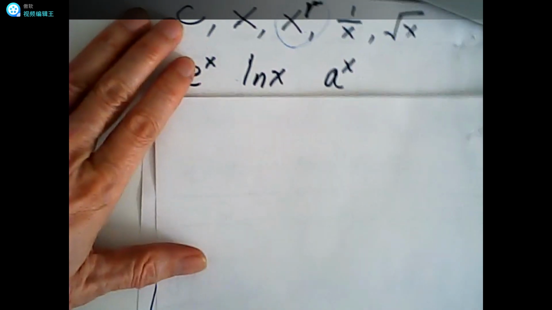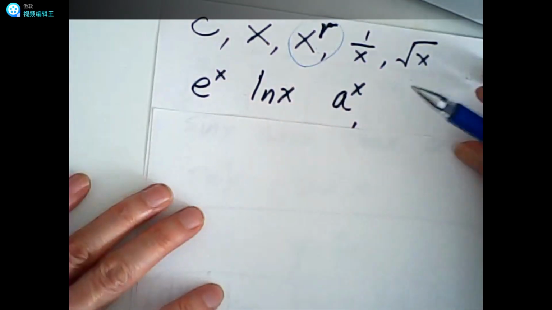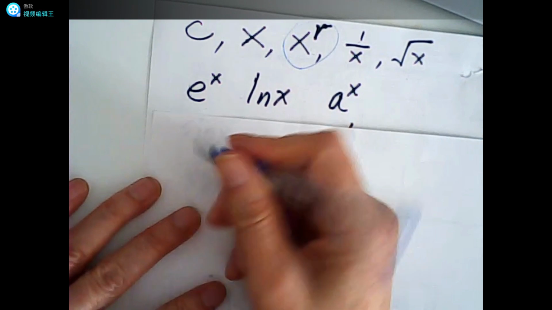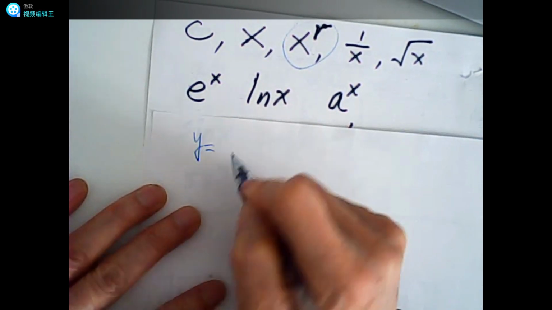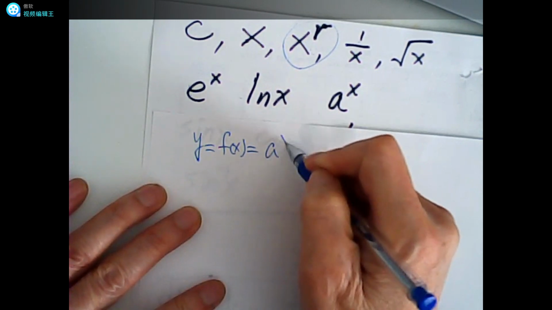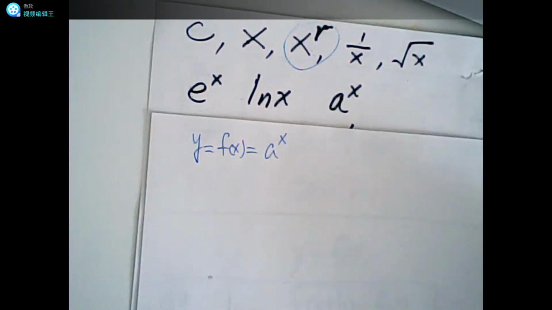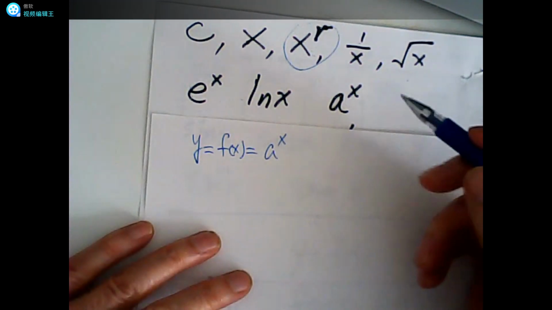This is maybe a little tricky. y equal to f of x is equal to a to the power of x, where a is positive.